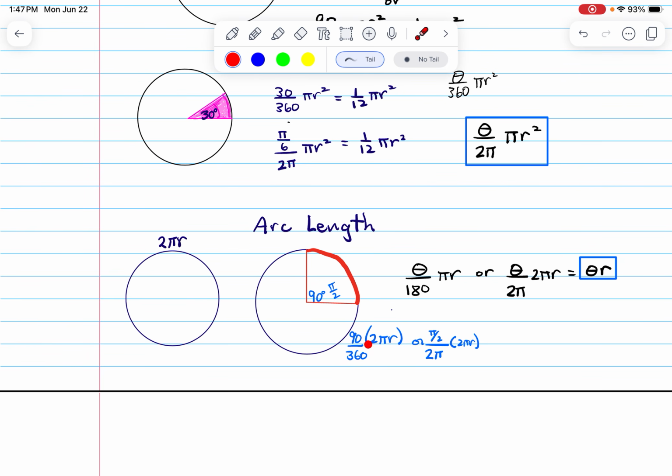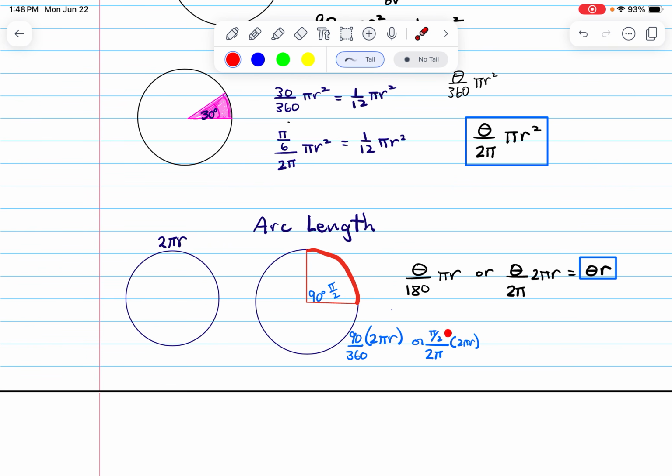And when I reduce that, notice this 2 goes down to 180. This 2 and this 360 just reduces down to 180 on the bottom, and the 2 divides out. So I've got theta over 180 times pi r, see, because the 2's gone.